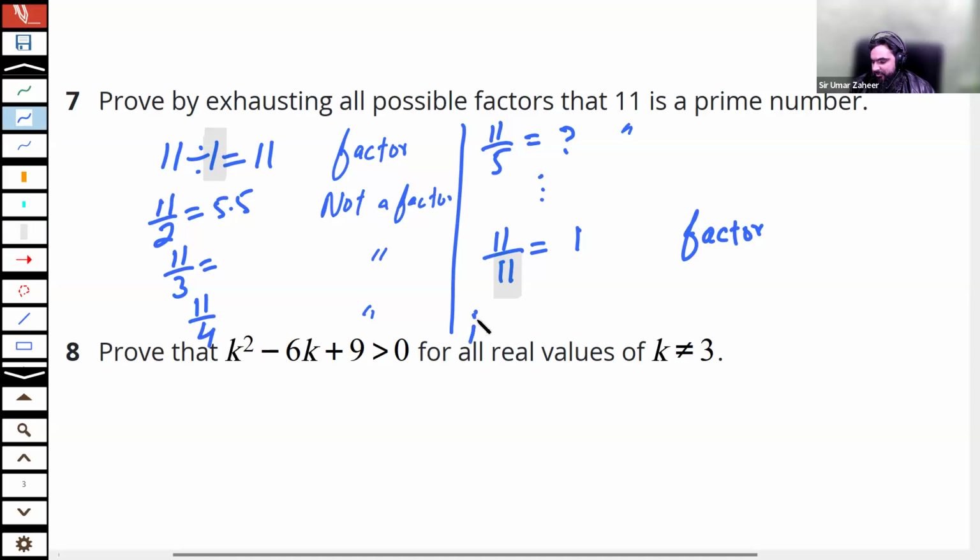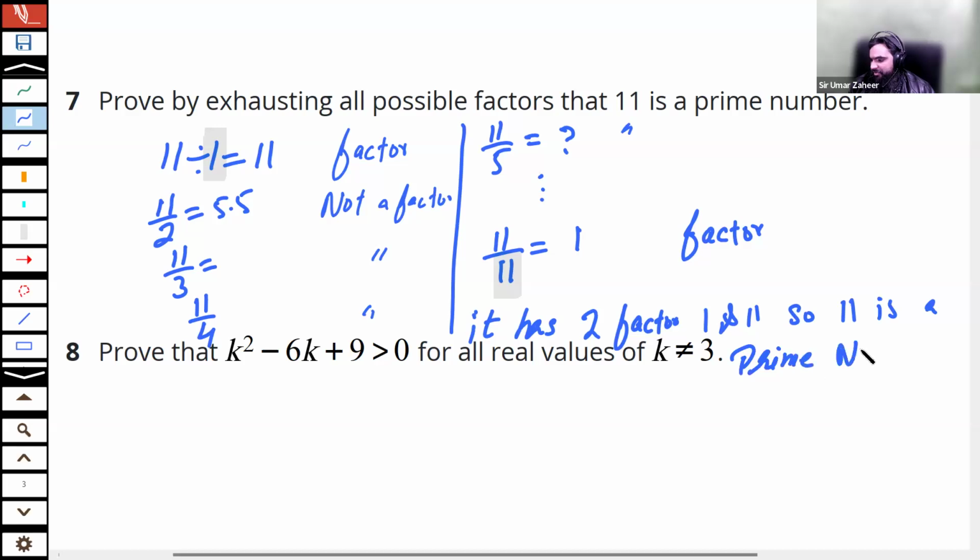So it has two factors, 1 and 11. So 11 is a prime number. In the exhaustion method, I told you, you have to take all the possibilities and accordingly solve it.